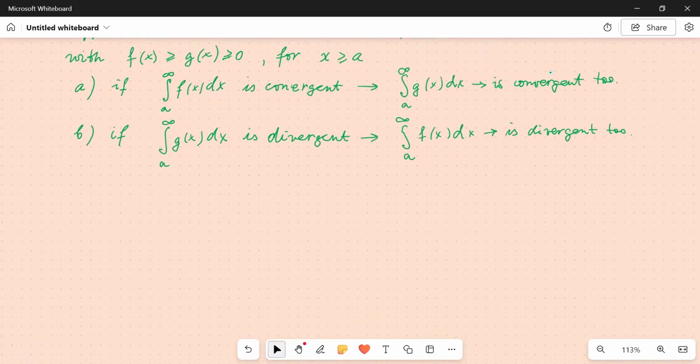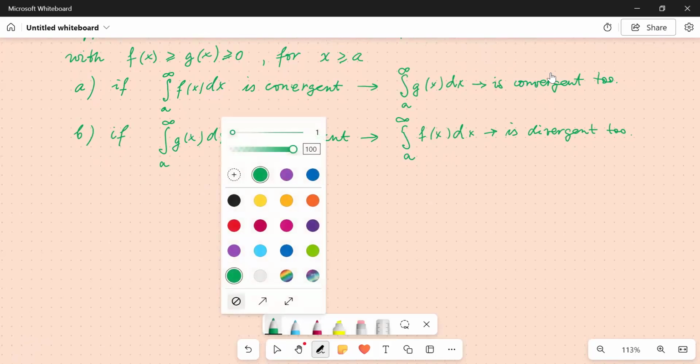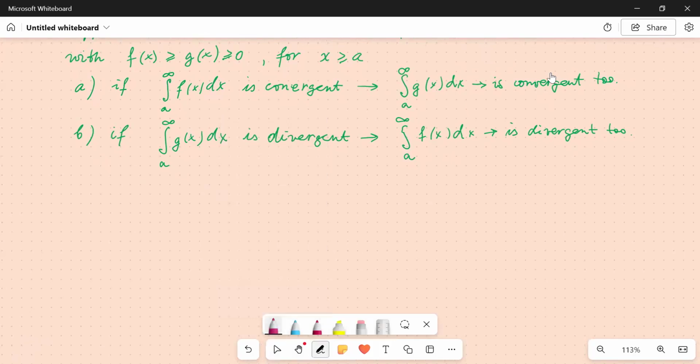Sometimes it's not very clear how it works, so I'm going to draw a couple of pictures here. I'm going to choose a different color to illustrate A. So this is f of x, this is g of x, and this is point a.